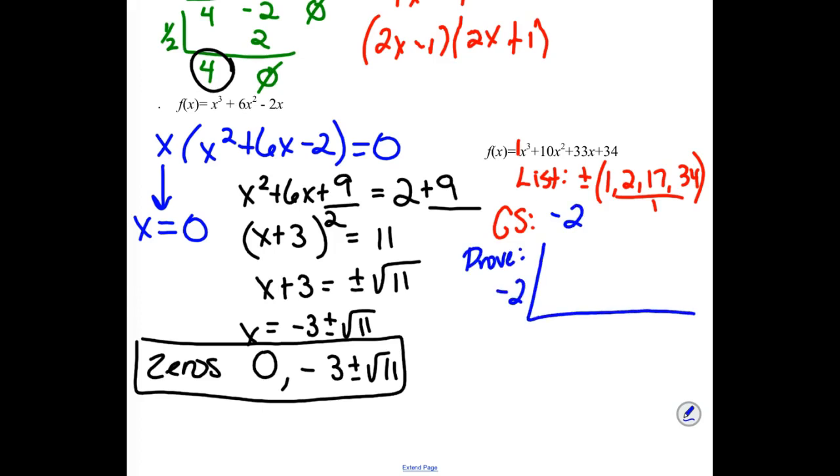All right. My coefficients are 1, 10, 33, and 34. We go through our synthetic process. All right, and it does work.